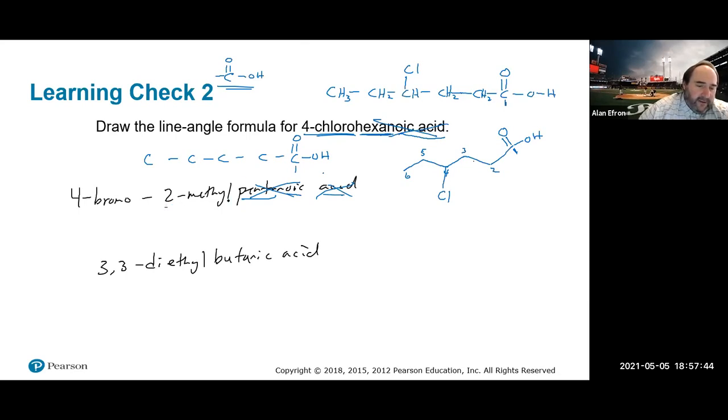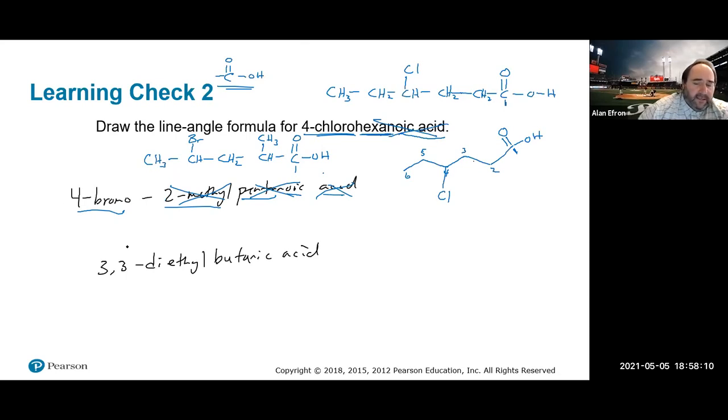Important for my 2-methyl, which would be right next door, carbon number 2. Also important for my 4-bromo, which would be 2, 3, 4. Everybody else here is going to be hydrogens. This one needs 1, this one needs 2, this one needs 1, and this one would need 3.